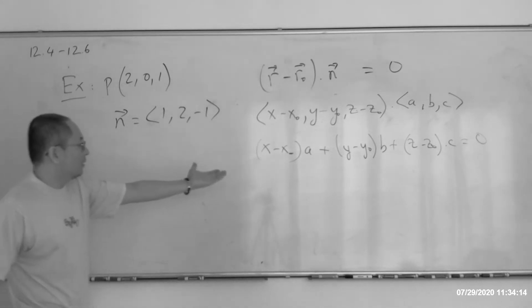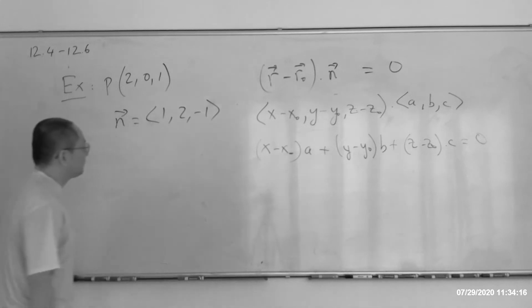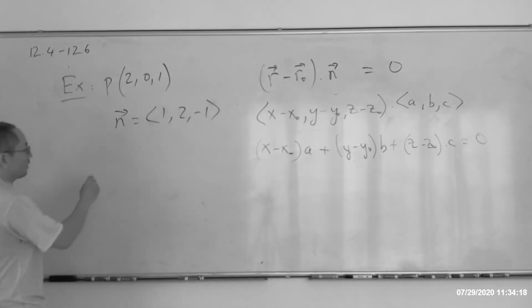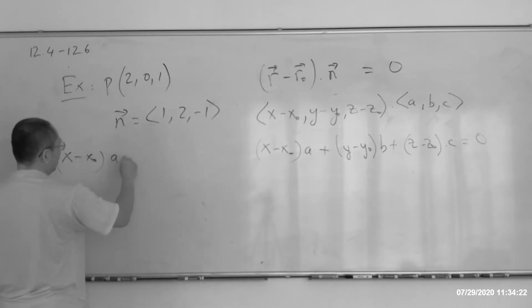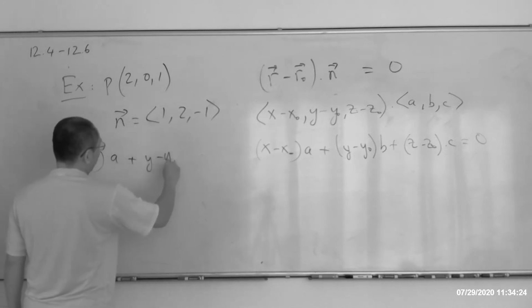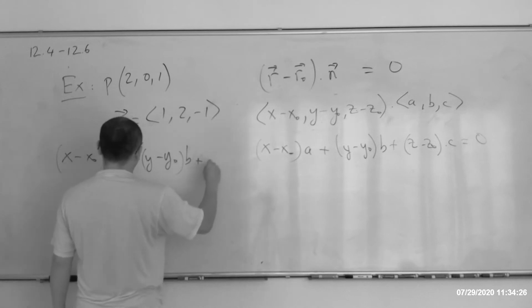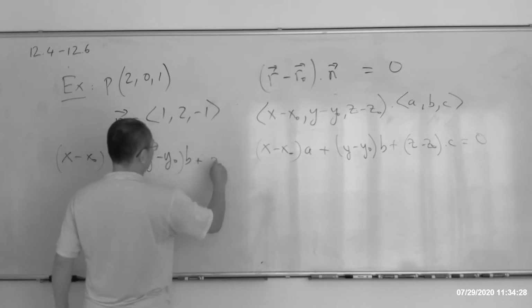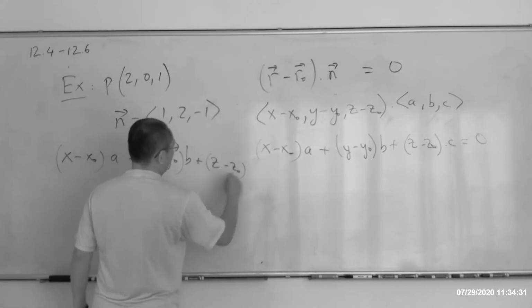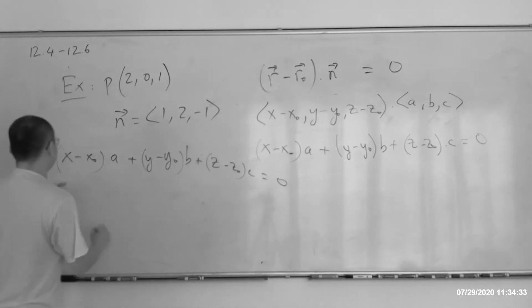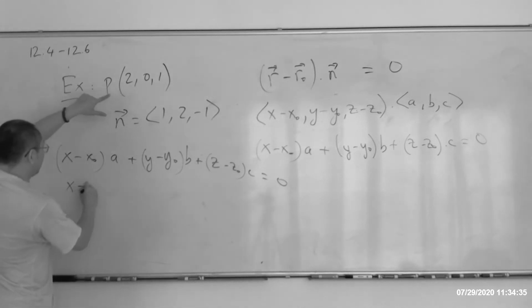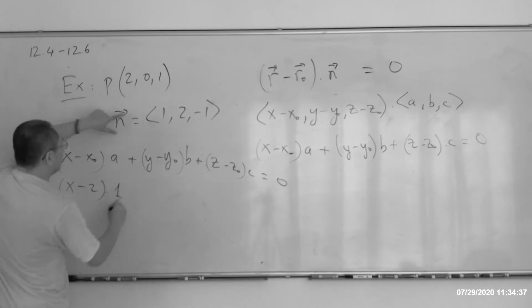Okay? Apply the formula right here. So what is the equation of the plane going to be? X minus X naught times A plus Y minus Y naught times B plus Z minus Z naught times C equal to 0. So X is the variable, X naught is 2, and A is 1.